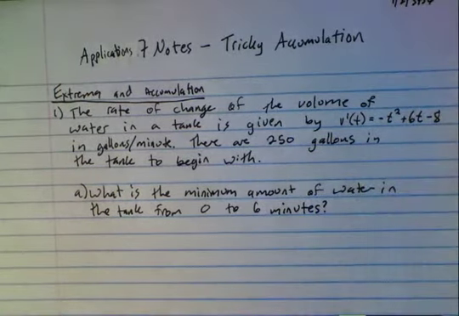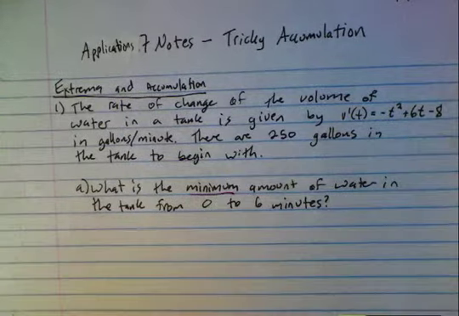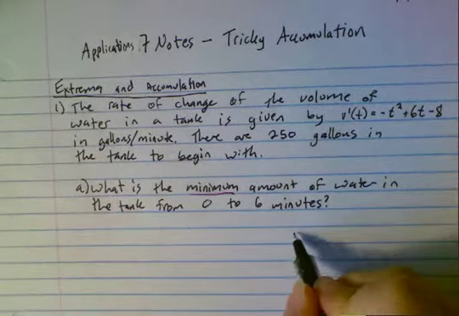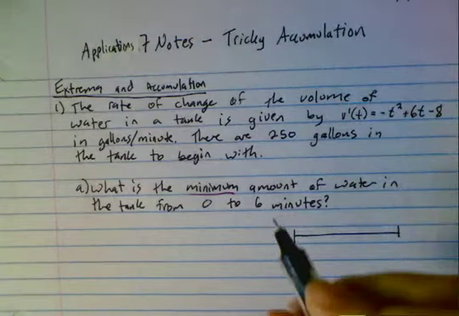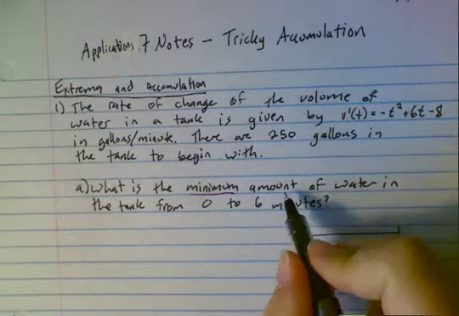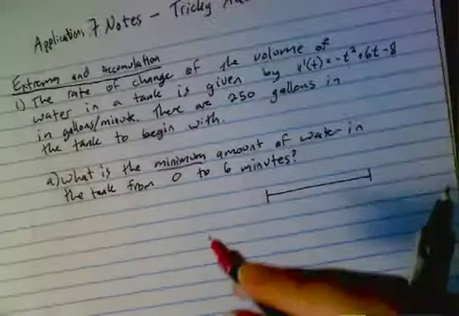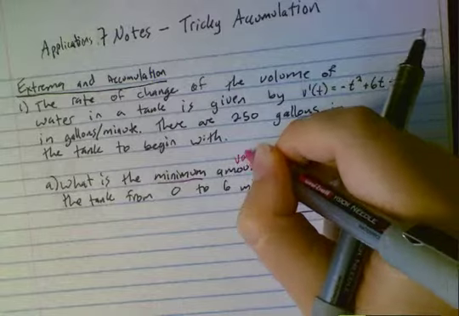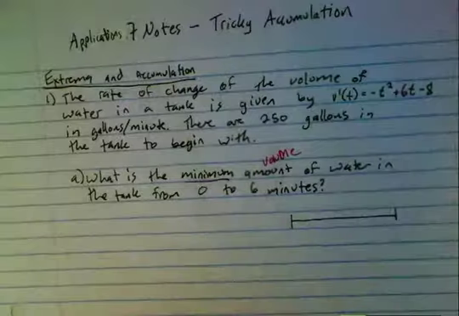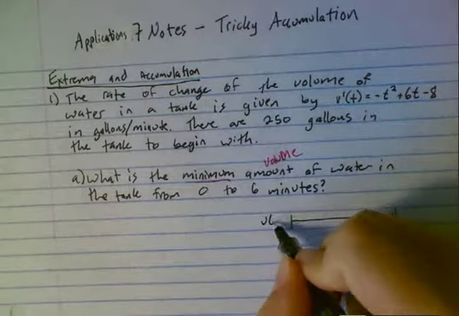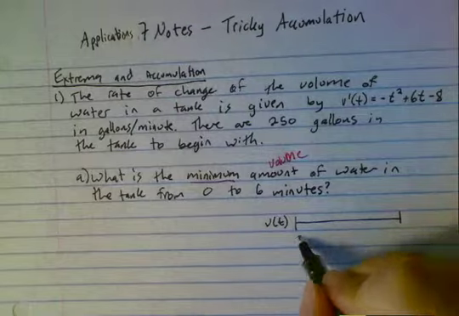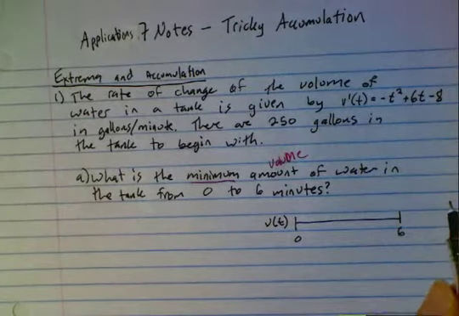Okay, so we are interested in a minimum. By amount, we're really talking about volume here. So this is V of t from 0 to 6.